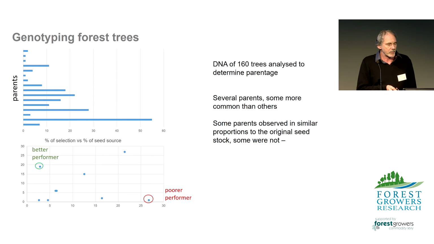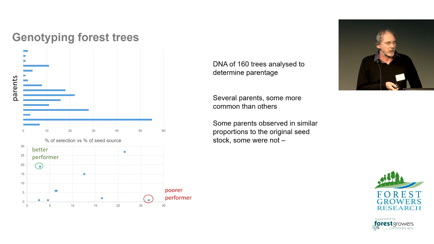The little graph at the bottom illustrates the approach that was used. On the x-axis is the frequency of the parent in the original seed lot, and on the y-axis is the frequency of the appearance of that parent in our sample. Quite a few of those parents fall on this one-to-one line, where they're showing up at about the level you'd expect by chance, but the interesting ones deviate from that.